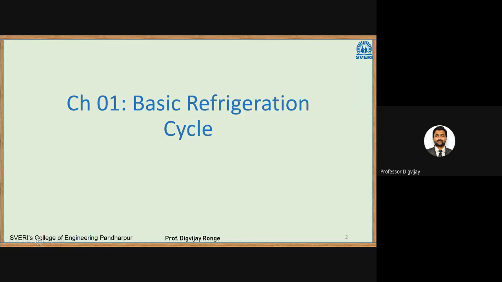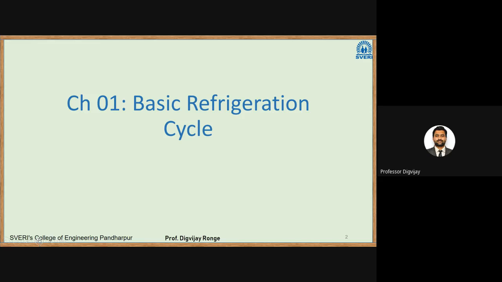If you go to buy a compressor, there are some specifications. They will ask you for voltage, frequency, single phase or three phase, and there are different types: reciprocating, screw, hermetic, semi hermetic.